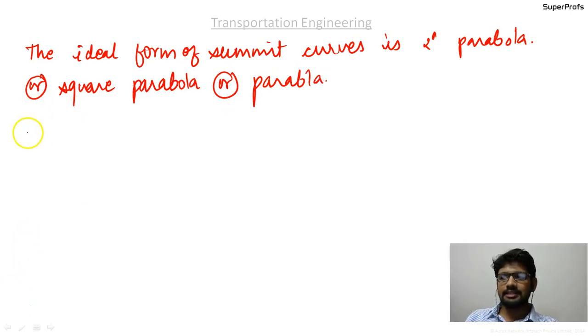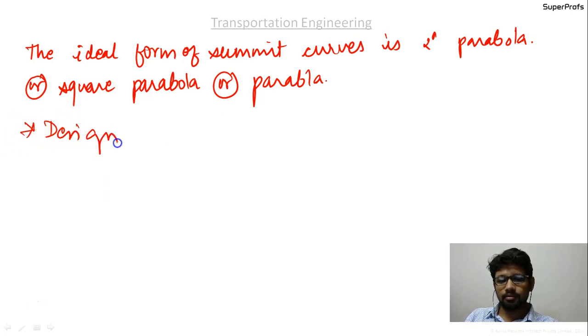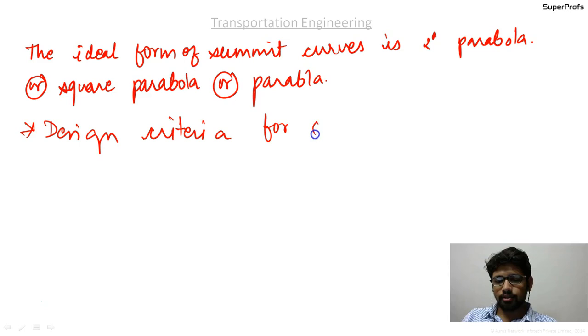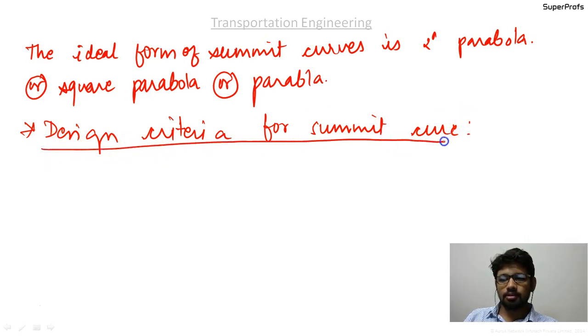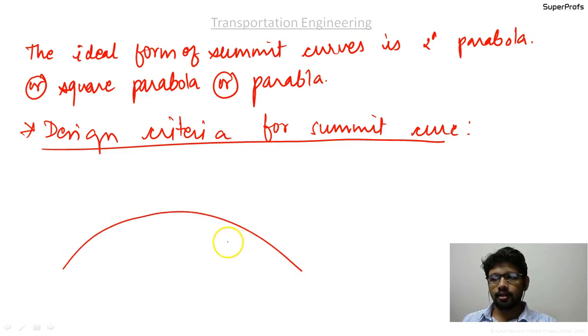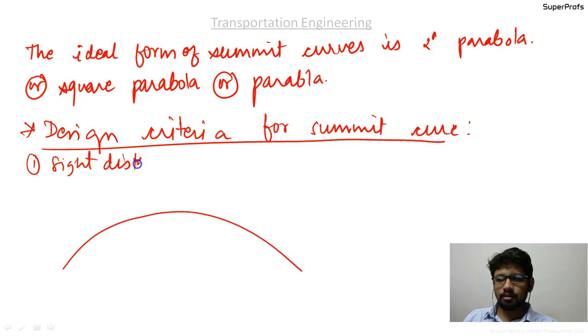So we will now discuss the design criteria for summit curve. The summit curve is of this kind, and the sight distance is S, where S equals stopping sight distance.